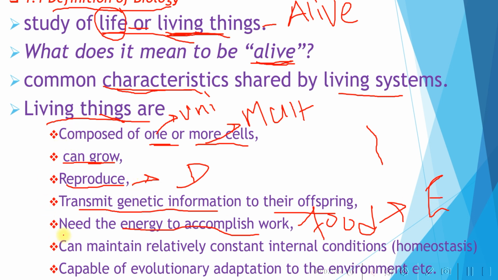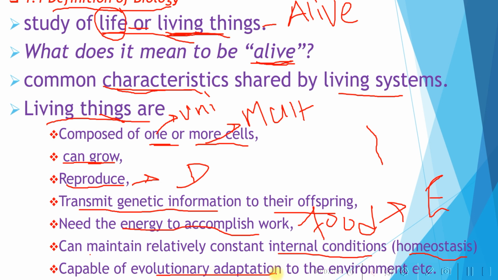And also living things can maintain relatively constant internal conditions, which is known as homeostasis. So the other point, capable of evolutionary what? Adaptation. They have evolutionary adaptation.